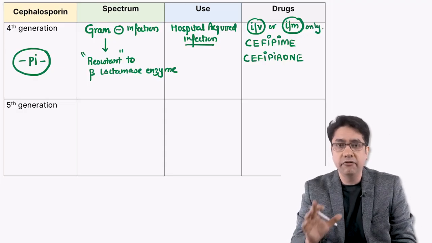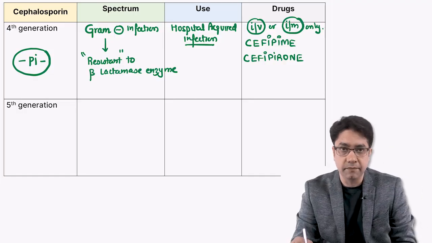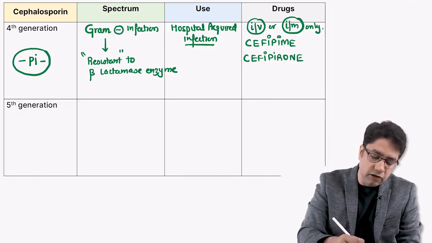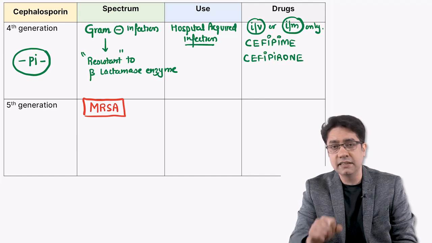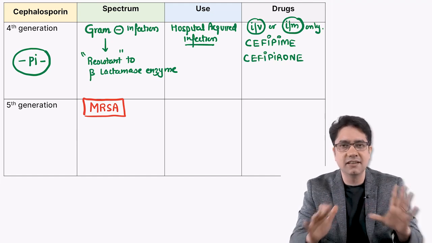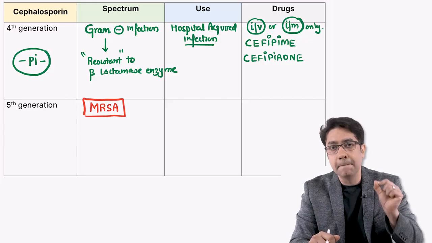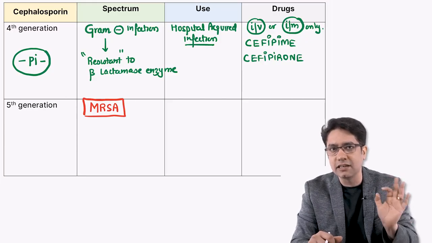Now lastly, we have fifth generation cephalosporin. And fifth generation cephalosporin is the only drug we have which is effective against MRSA bacteria. So MRSA, in the previous section we discussed in great detail, it is methicillin resistant Staph aureus.